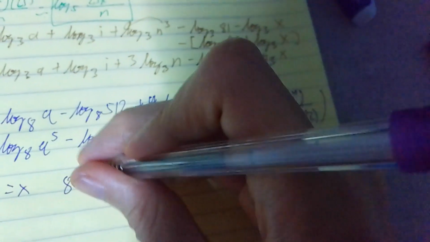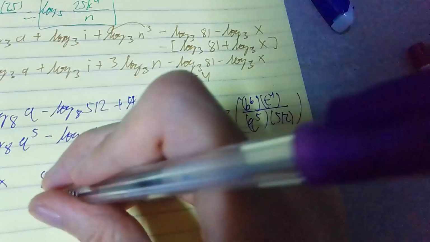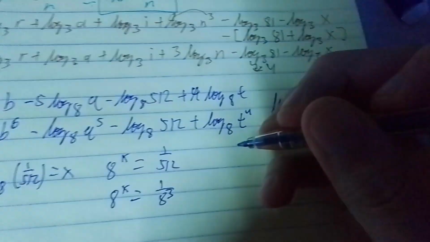Okay? And that's how you write the logs in simplified form. Hey, one more thing. Did you know we can still change the log base 8 of 512? But since it's in the denominator, we can do negative 3 na lang.